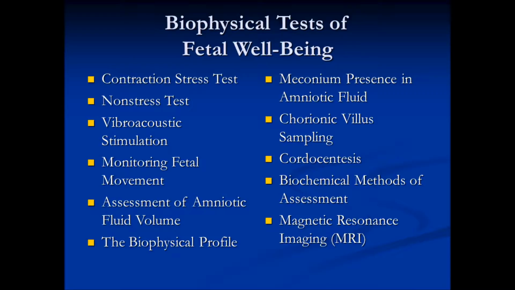So estriol passes from the placenta into the maternal blood and is excreted into the mother's urine. Determinations of maternal estriol levels can be made using blood or urine samples. The mother's urine is collected over a 24-hour period and analyzed for the quantity of estriol present.